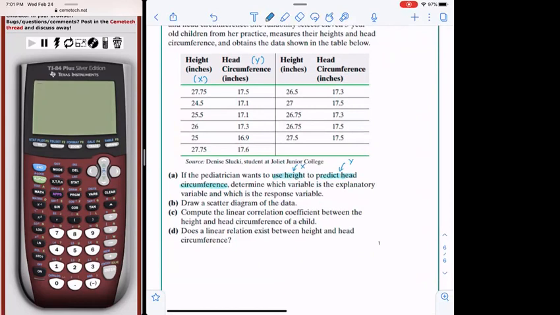Now we want to draw a scatter diagram and come up with the linear correlation coefficient and the model. So I am going to enter the X values in list 1.